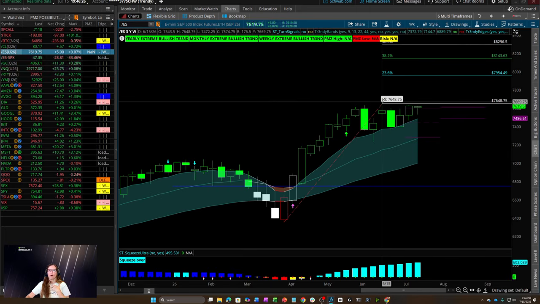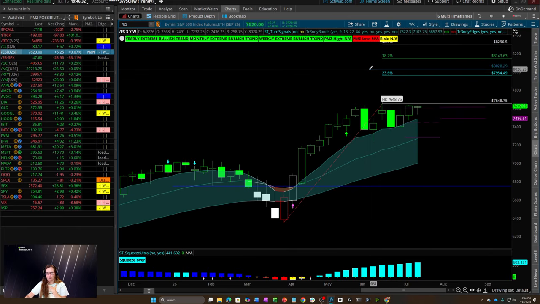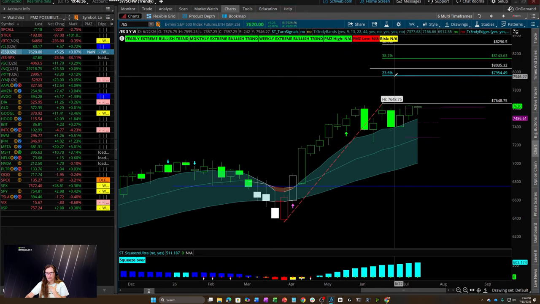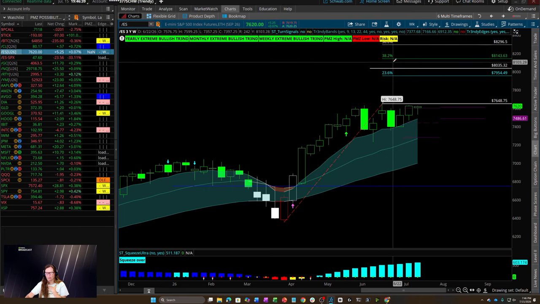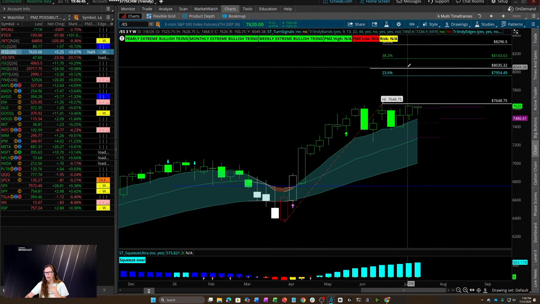I'm going to tell you what levels I mark on extensions. I like the 1272, and it doesn't have to be an exact. I just go in between this 236 and 38.2 extension. 1272, 27.2. Okay, it's right about there.